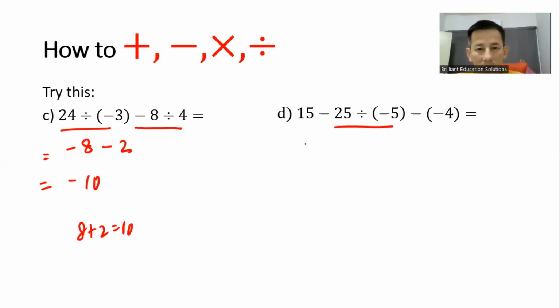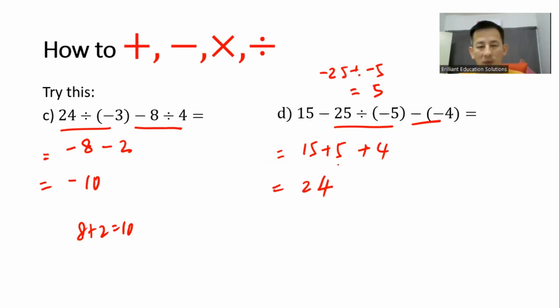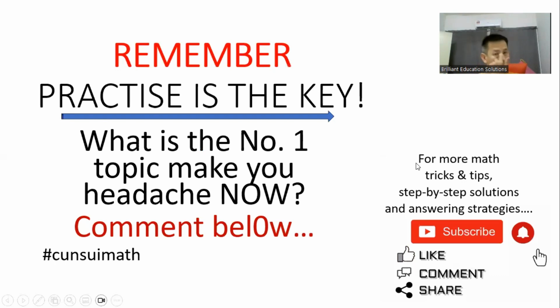Settle this: negative 25 divided by negative 5 should equal positive 5, so plus 5 minus minus is plus 4. So do you get 24?